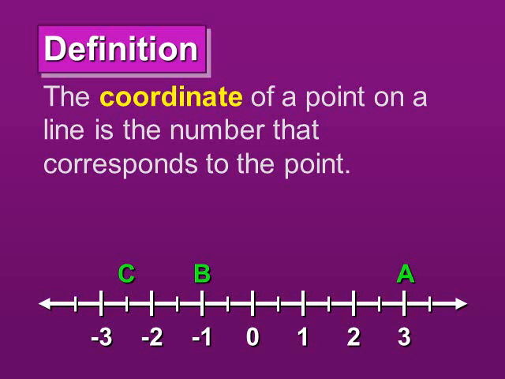And the coordinate of the point on the line is the number that corresponds to that point. And this is just a number line. You have graphed on a number line before when we've done inequalities, and so here we can say C is at -2.5, B is at -1, and A is at 3. So they correspond to those numbers on the number line.